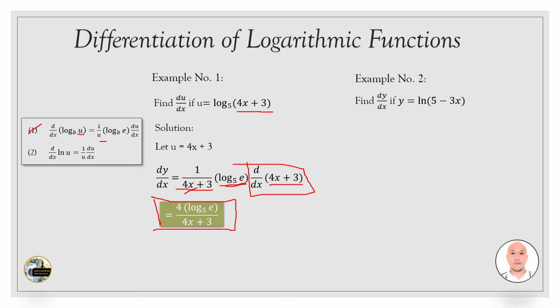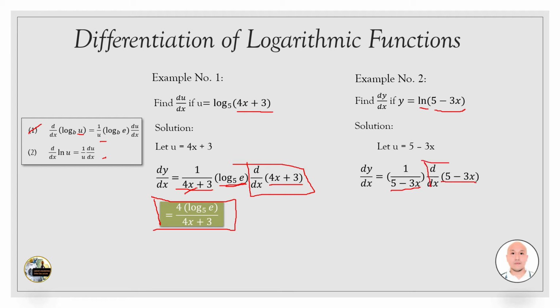Example number 2, find dy over dx if y is equal to ln of (5 minus 3x). Our problem is in ln form, so we'll use formula number 2. Let u is equal to 5 minus 3x. Then dy over dx is equal to 1 over u, which is 5 minus 3x, times d over dx of u, which is 5 minus 3x.